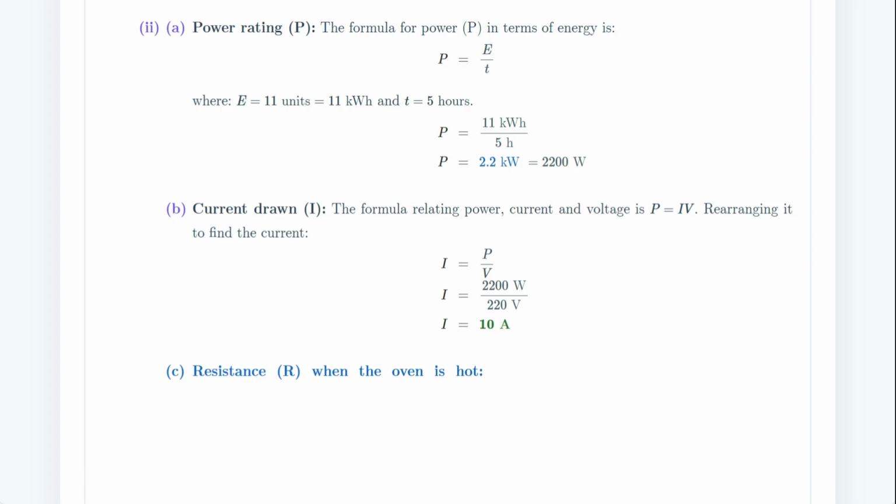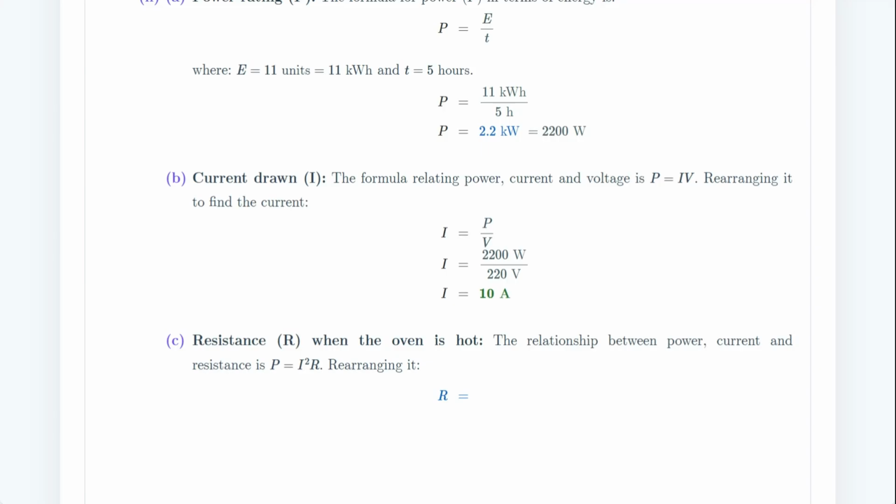Moving on to Part C. We need the resistance of the oven when it's red hot and working. We can use the formula linking power, current, and resistance, P equals I squared R. Rearranging this formula to solve for resistance gives us resistance R equals power P divided by current squared.